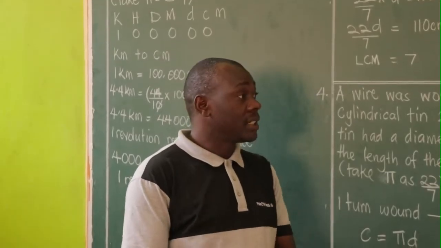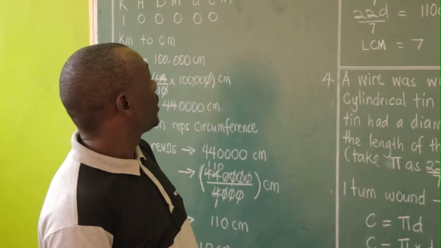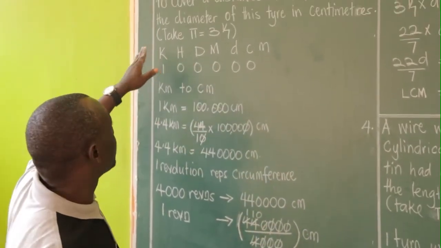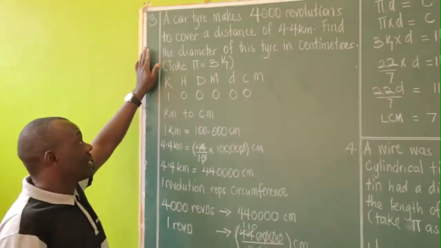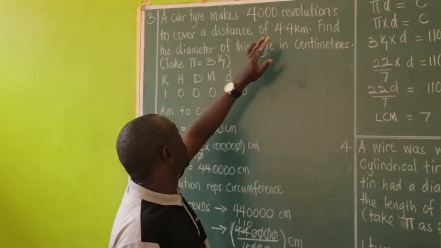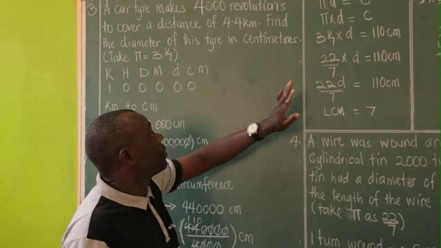Having looked at the first two examples, we have the third example for today about application of circumference, and it reads: a car tire makes 4,000 revolutions to cover a distance of 4.4 kilometers.